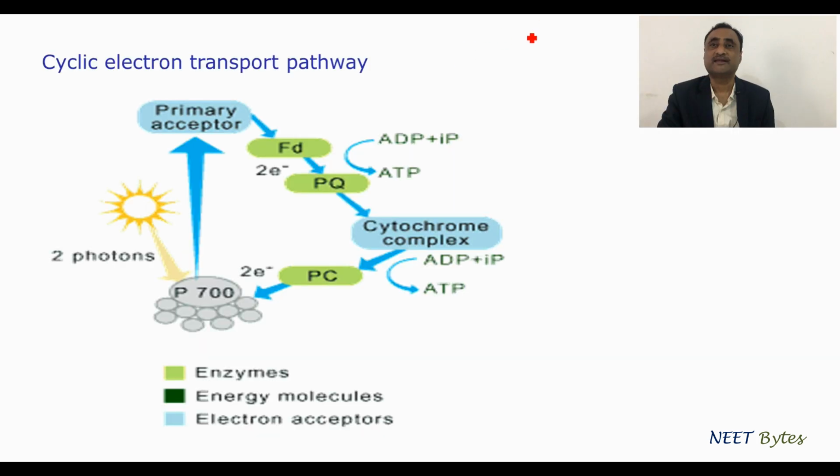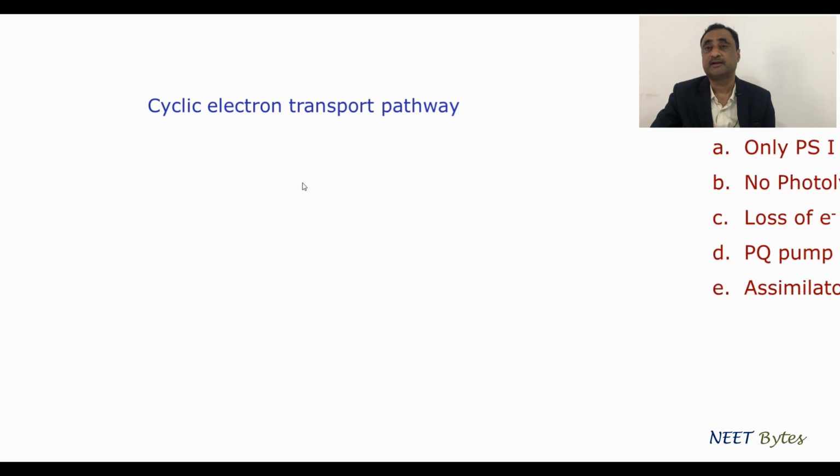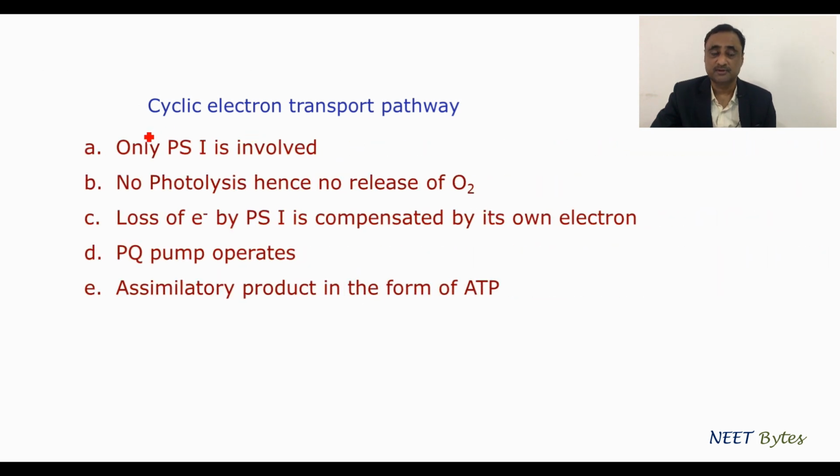Let's talk about the cyclic electron transport pathway. In the cyclic transport pathway, only PS1 is involved. You can see that the electrons being expelled are accepted by ferredoxin reducing substances. So instead of going outside, again they are accepted by plastoquinone. So here the plastoquinone pump is operating, and since the plastoquinone pump is operating, it is responsible for the formation of ATP.